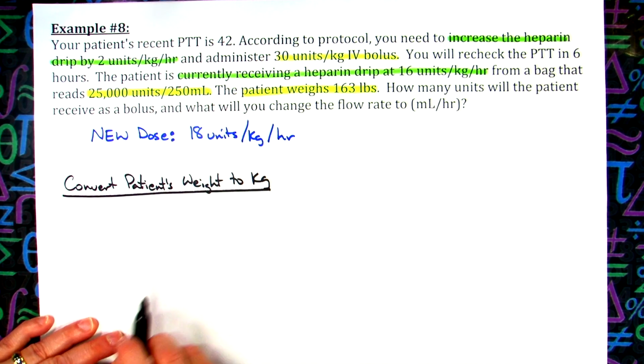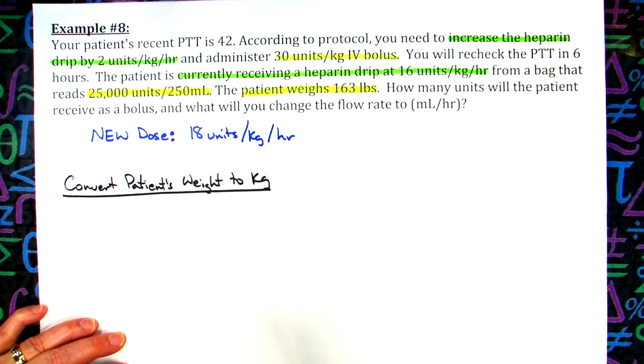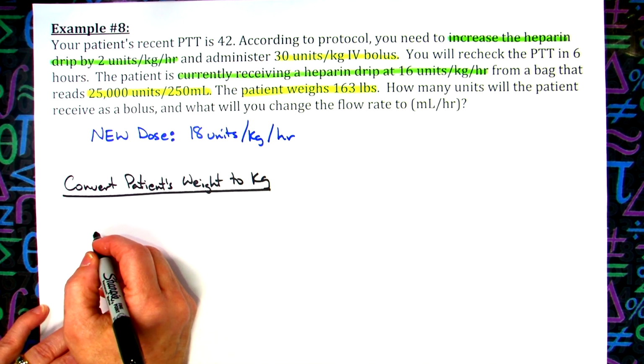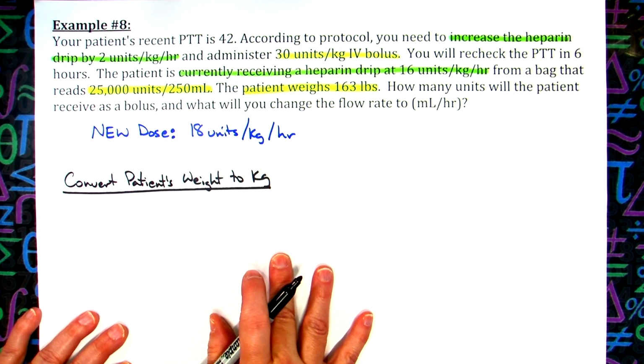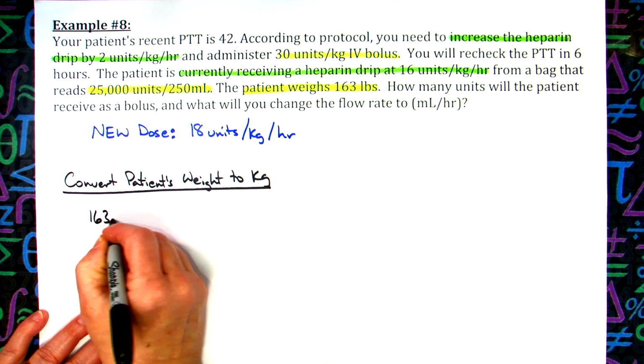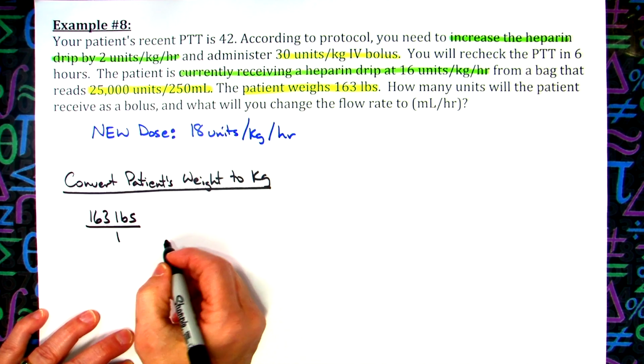From the fall semester, you should remember that pounds to kilograms is just dividing by 2.2. But if we want to stay consistent with this unit analysis, then we're going to show that. We'll have the 163 pounds over 1, trying to convert that to kilograms.